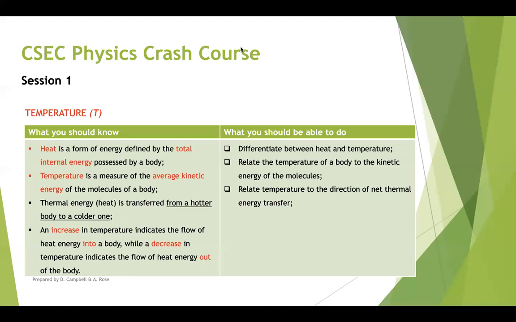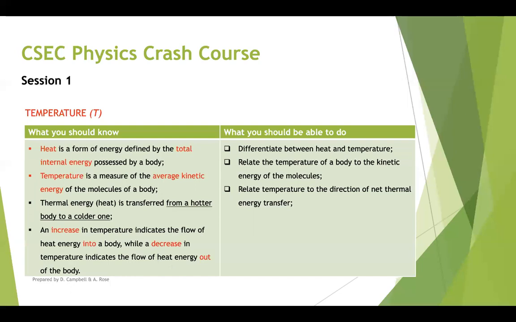All right. When two objects are of different temperatures, then energy will move from the hotter one to the colder one, and that energy is called heat. So whenever a substance has an increase in temperature, it means that it absorbed heat, while if a substance decreases in temperature, it means that it would have lost heat.